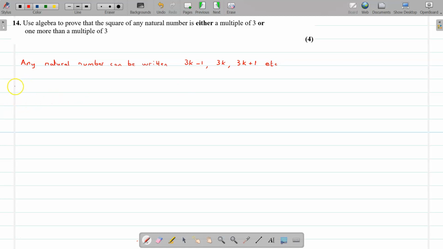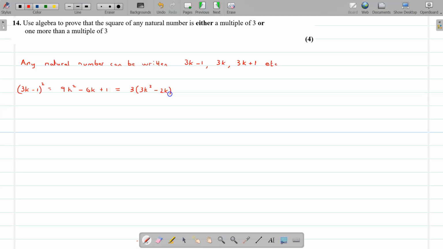Now let's just take the first one and square it. So 3k minus 1 all squared is going to equal 9k squared minus 6k plus 1. And that in turn can be written as 3 lots of 3k squared minus 2k, plus 1.